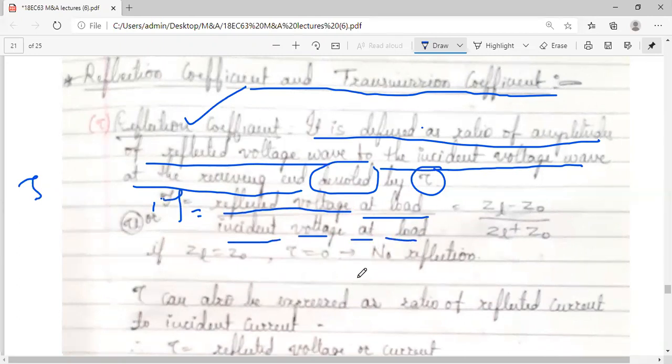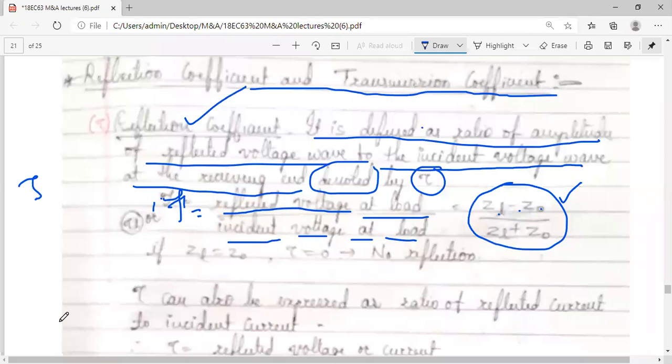In the upcoming solution, we will derive this equation. The reflection coefficient tau is equal to ZL minus Z0 by ZL plus Z0. This is an important equation from the problems point of view. Tau is given by ZL minus Z0 by ZL plus Z0.